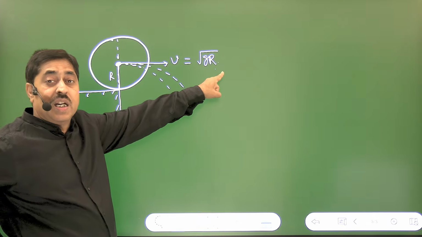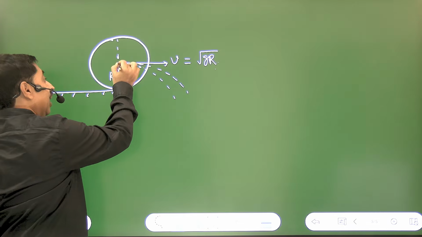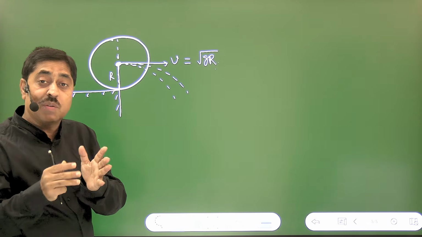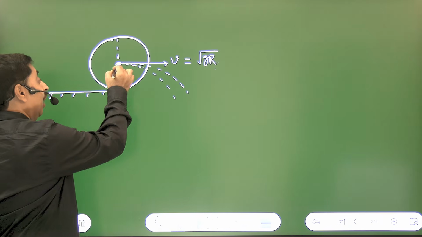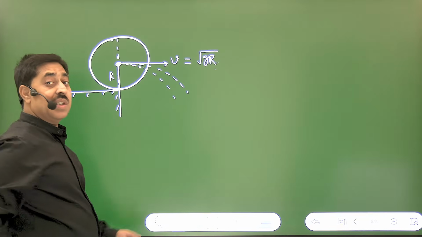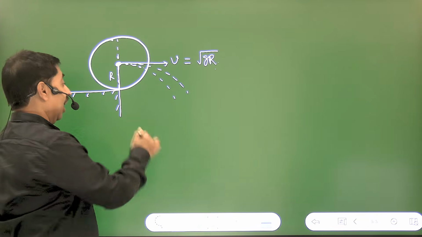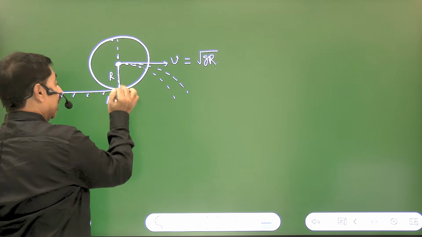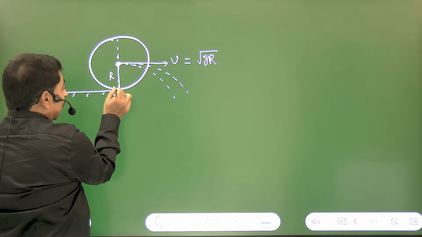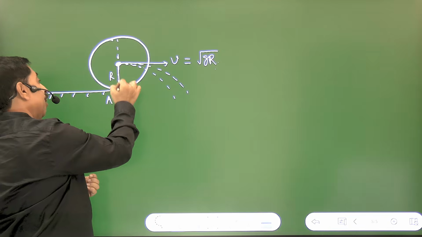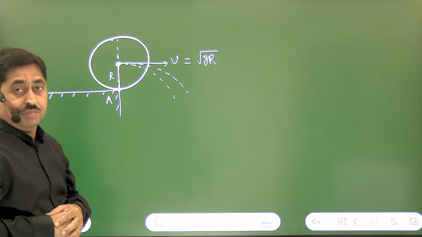So if the speed is greater than this, the center of mass will move on a path having radius of curvature greater than r. If the center of mass is moving on such a path, it simply means that this contact has been lost. Because if the cylinder remains stuck to this point, then the center of mass has to be at a distance r.